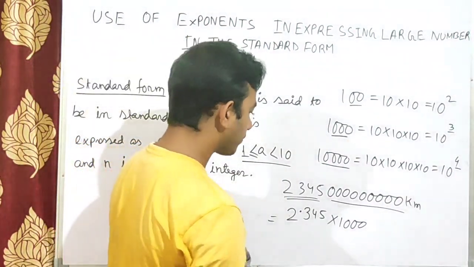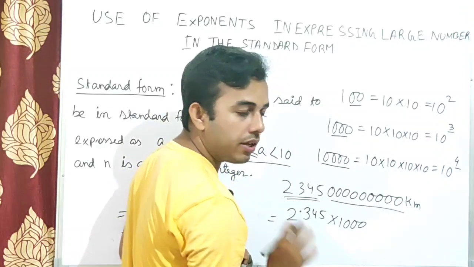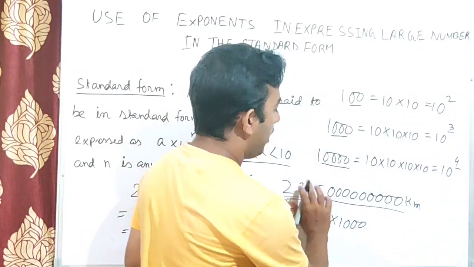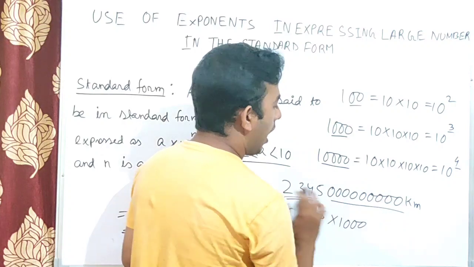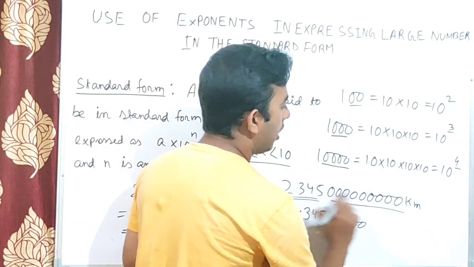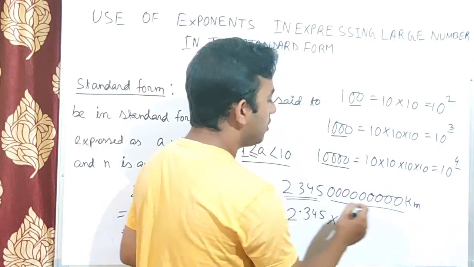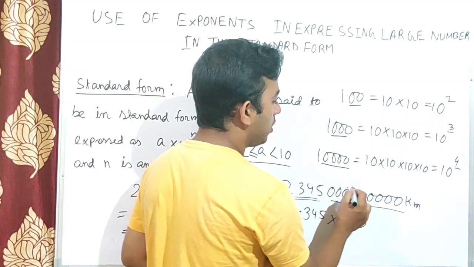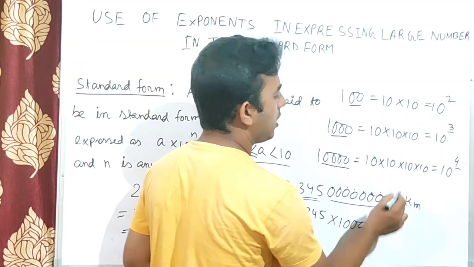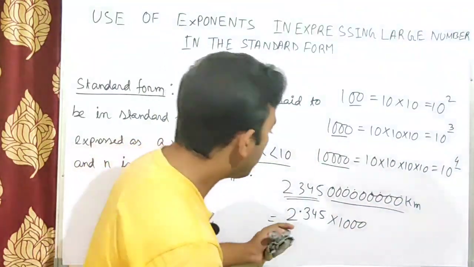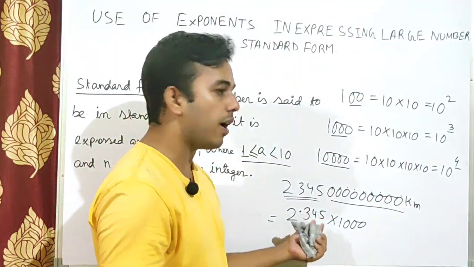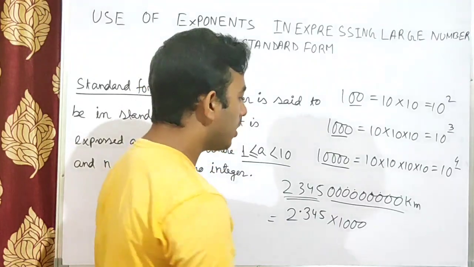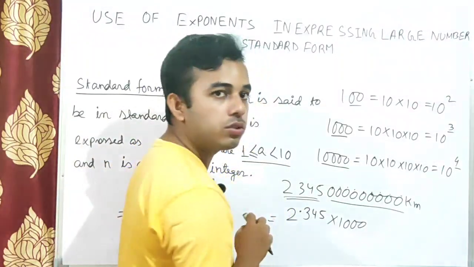Now look. After this, that is 2, 3, 4, 5, I have introduced a decimal before them also, right? Before this, how many zeros are there? 1, 2, 3, 4, 5, 6, 7, 8, 9. I have not introduced the decimal only before 3, 4, 5, rather I have introduced the decimal before all these zeros also, isn't it?